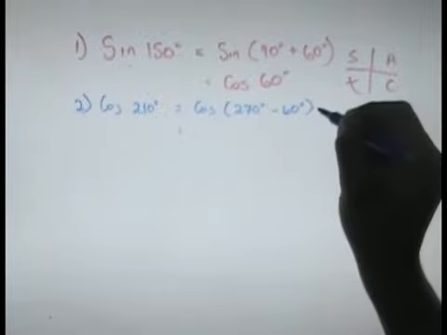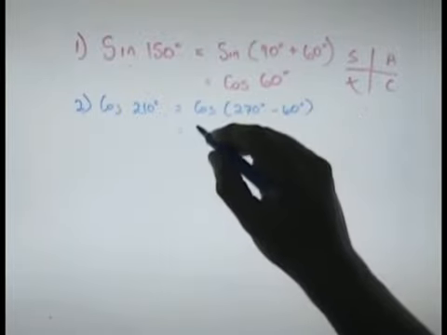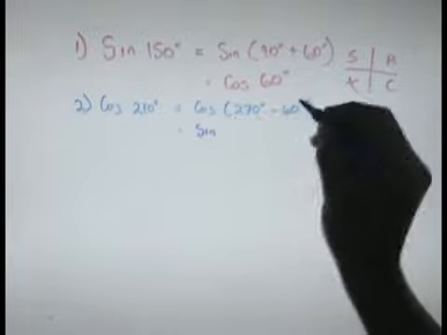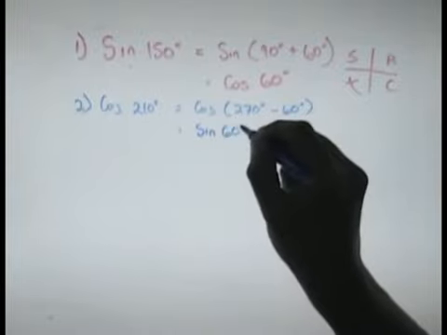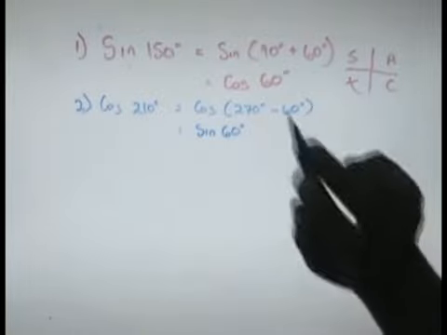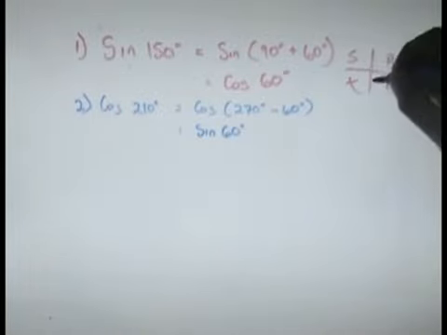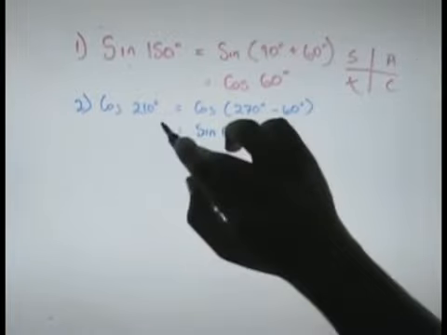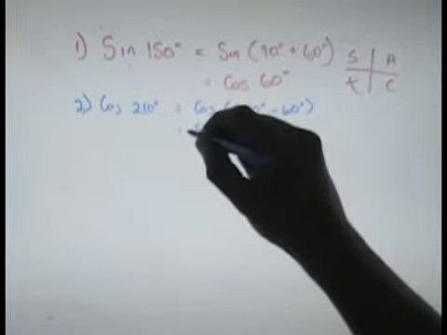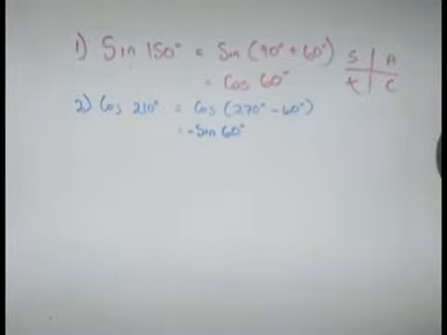Because it's 270 minus, it's a y reduction, cos becomes sine of 60, but cos of 210 degrees is in the third quadrant, which means that it is negative, so our answer is negative sine 60.